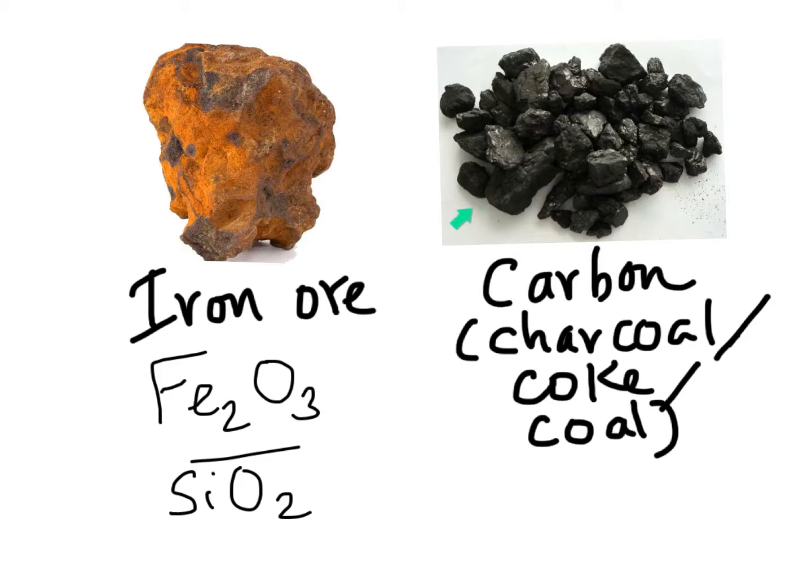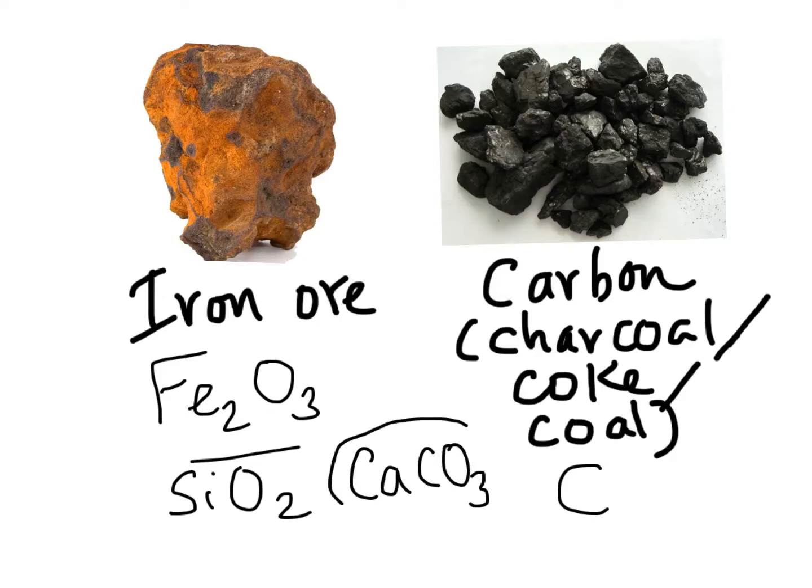Another substance we'll be using in the extraction of iron is carbon, which can be referred to as charcoal, coke, or coal. These are all commercial or well-known names for carbon, but they all mainly contain the element carbon. The third substance we'll be using in the extraction of iron is limestone, whose chemical formula is calcium carbonate.